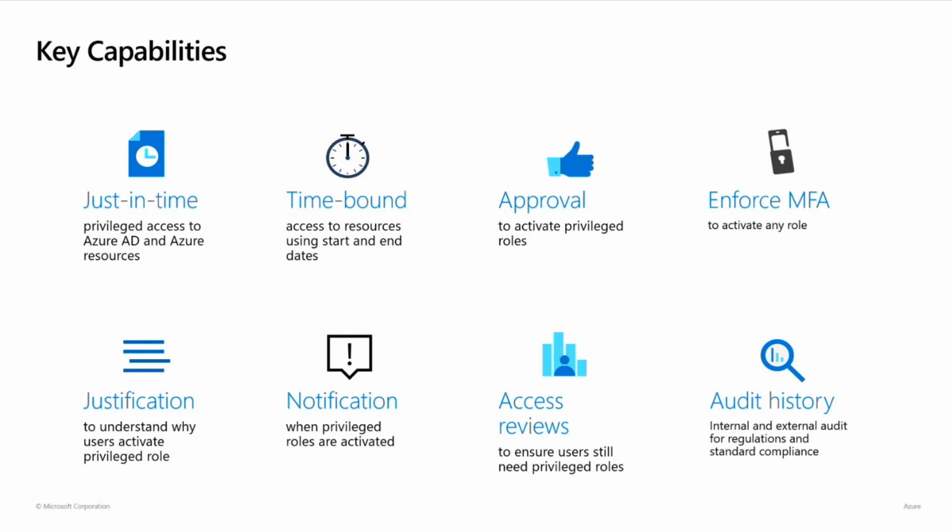Some of the key capabilities: it allows organizations to manage risk because it enforces least privilege access and just-in-time access, and it reduces security risks related to privileged access by enforcing MFA, for example, for elevation of privileges. It also addresses compliance. It tracks when a person activates just-in-time access, and all of that can go into a report. You can see which users activated, when they activated it, and what their justification was.